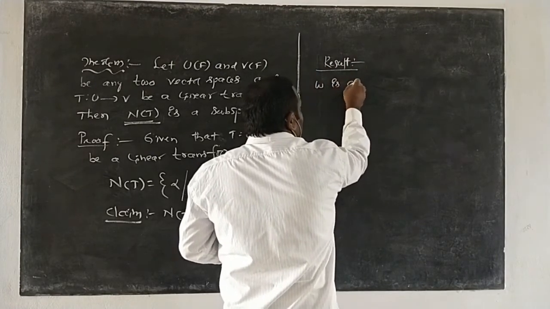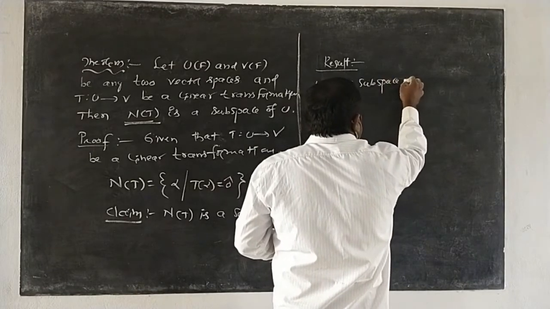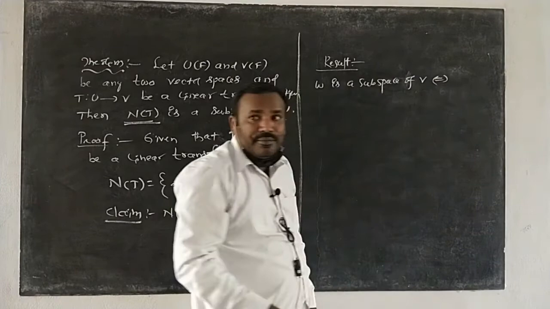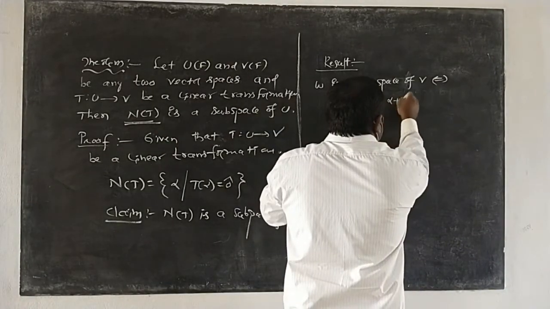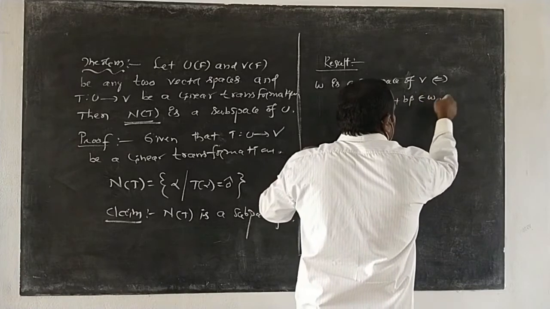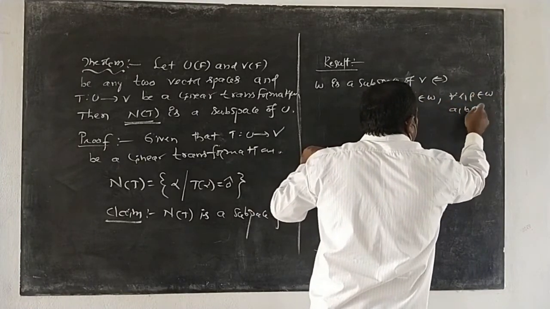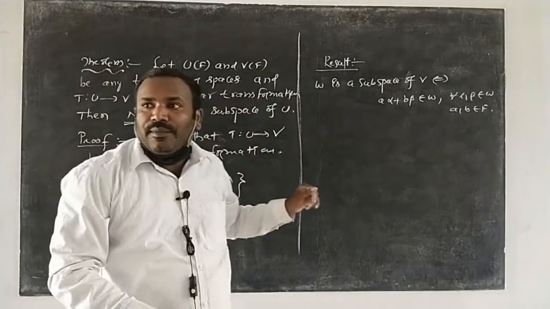W is a subspace of V if and only if A alpha plus B beta belongs to W for all alpha, beta belonging to W and A, B belonging to F. This is the result we are going to use in this theorem.